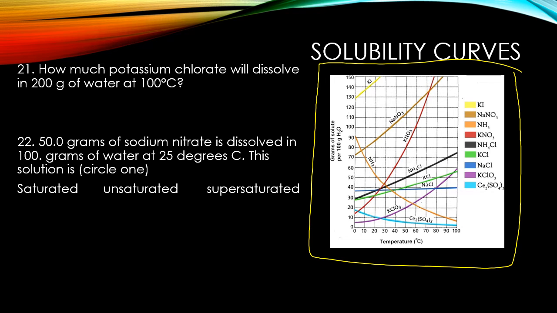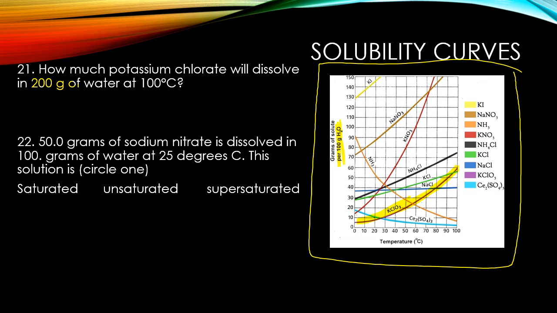Okay, so 21. How much potassium chlorate will dissolve in 200 grams of water at 100 degrees Celsius? So this graph is about 100 grams of water. I want to know about 200 grams of water. We're asking about potassium chlorate, which is this right here.